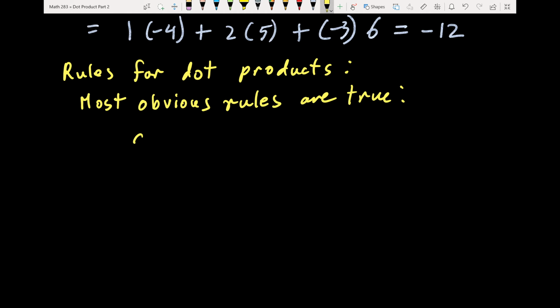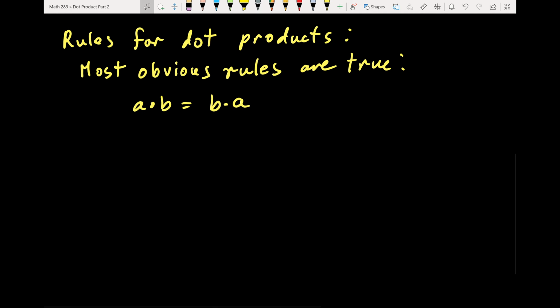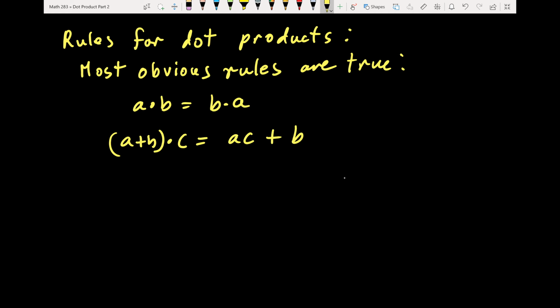Do you guys know what this is called? Commutative property. A times B equals B times A. Did they teach you guys this in early high school math? Like 6th grade, 7th grade, right? Associative property, commutative property. Yeah? Okay. A plus B times C equals A times C plus B times C.